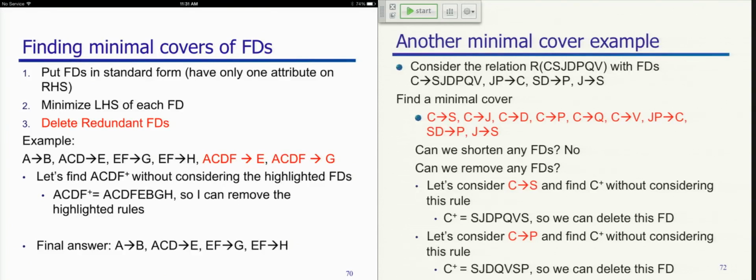Minimal cover is not unique, right? You can get a different minimal cover depending on the order of things that you omit and the order of rules that you shorten first. However, as long as you have a minimal cover which satisfies the rule that you can't make any of the rules shorter and you can't omit any more rules to get the same closures, you're in good shape.